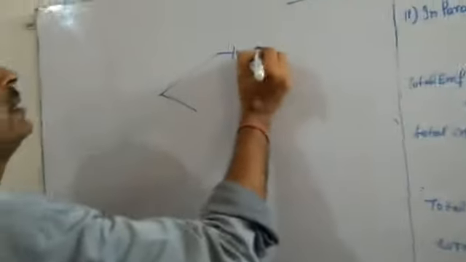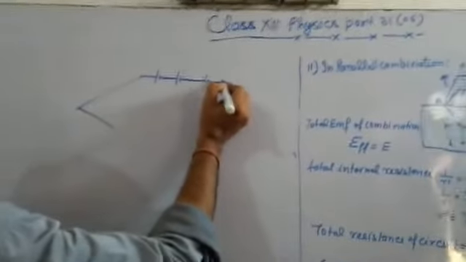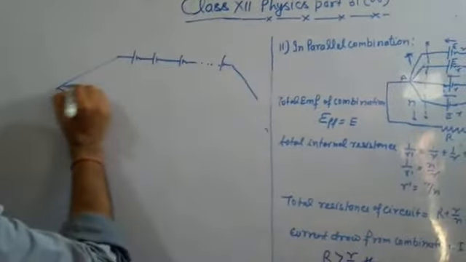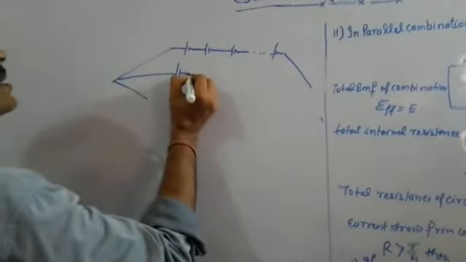In mixed grouping, in each series there are n cells, each of EMF E and internal resistance r, and there are m rows.